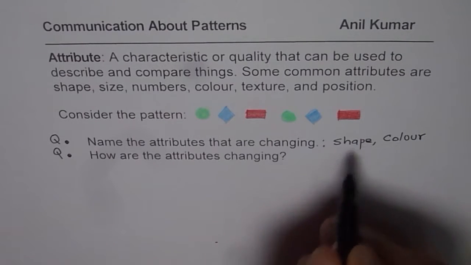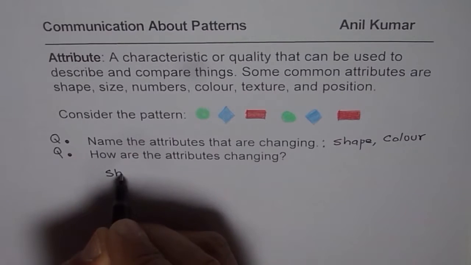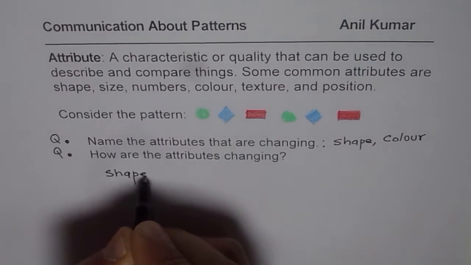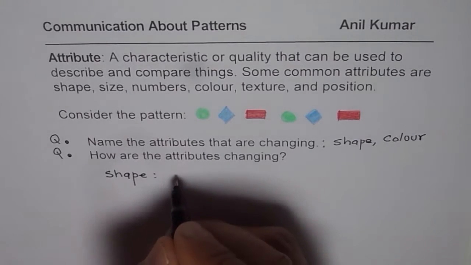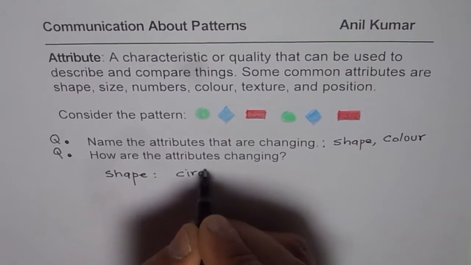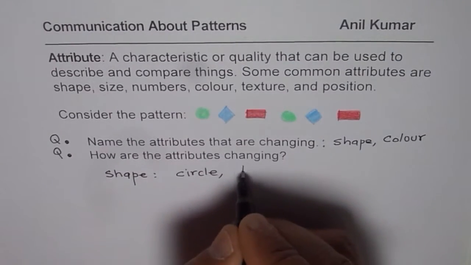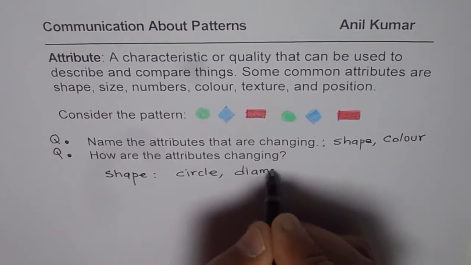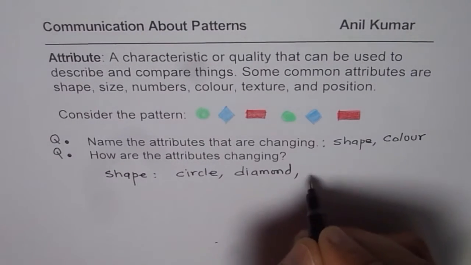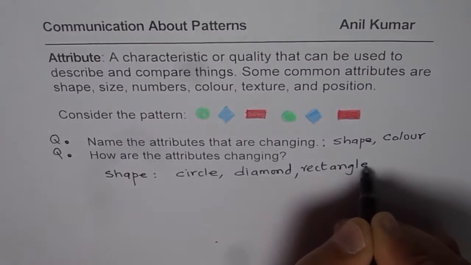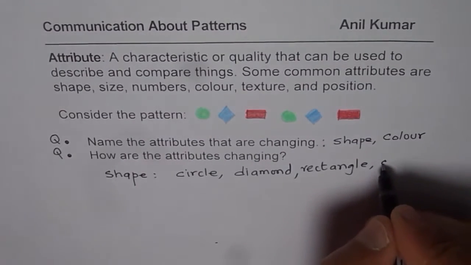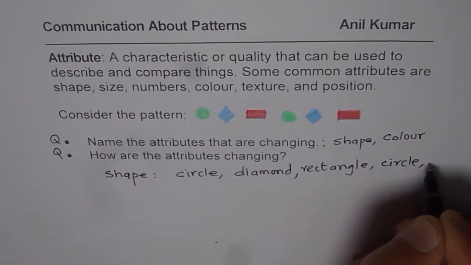So let us describe shape first. I'll write shape here, and can you help me in describing how the shape is changing? Shape changes from circle to diamond to rectangle, and then again circle, and so on.